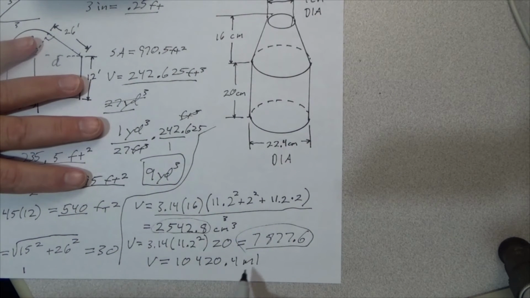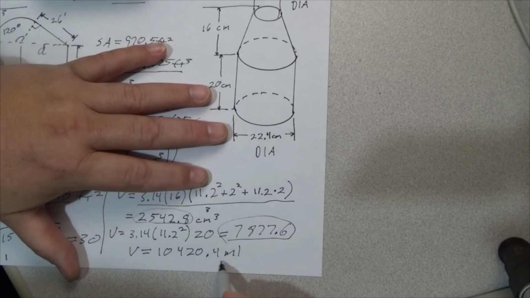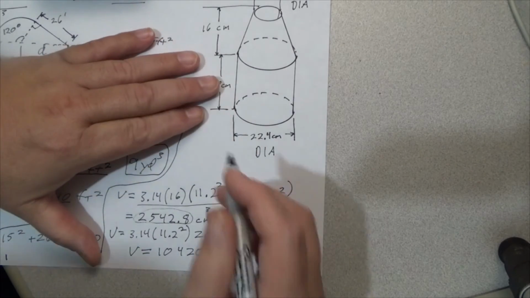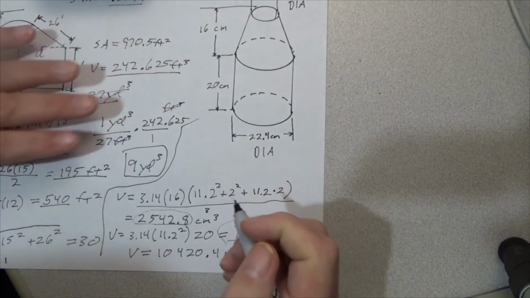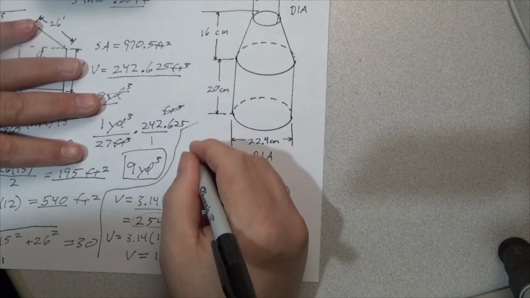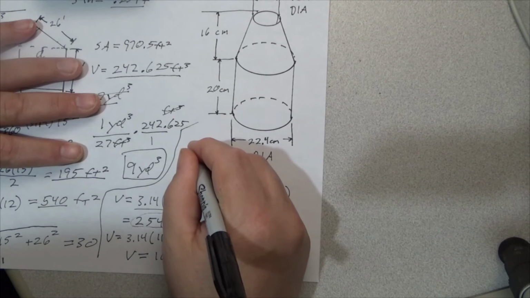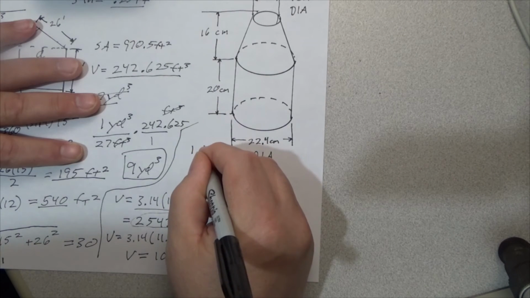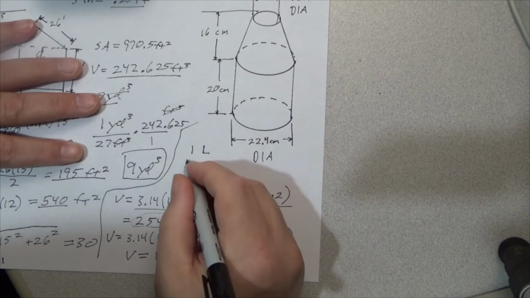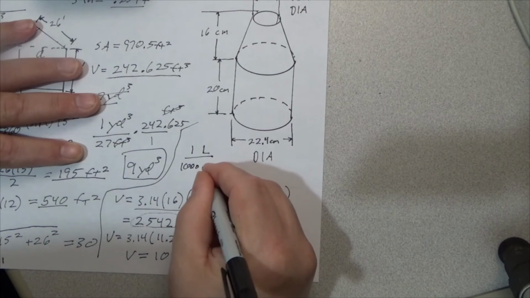Now there's 1,000 milliliters in 1 liter. Running out of room. I should have planned this a little bit better. So the unit I want to leave is liter, so I'm going to put that in the top. 1 liter is 1,000 milliliters.